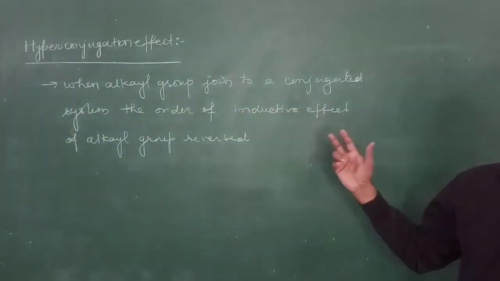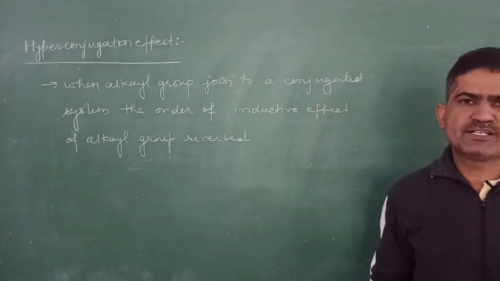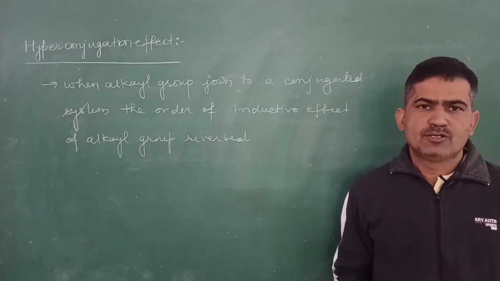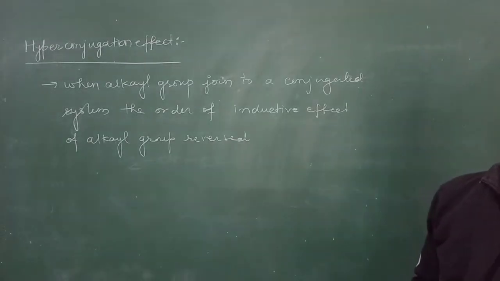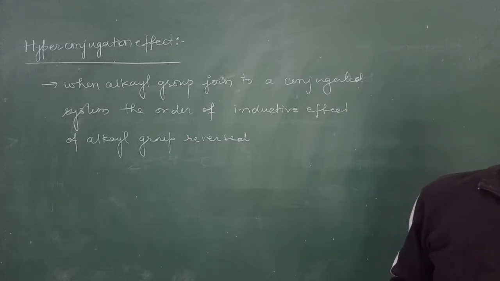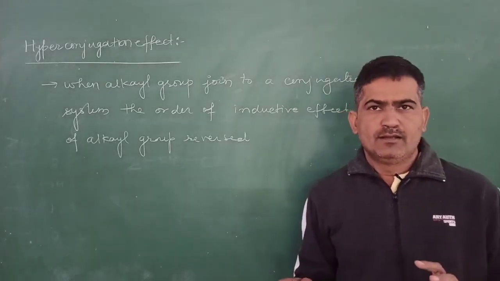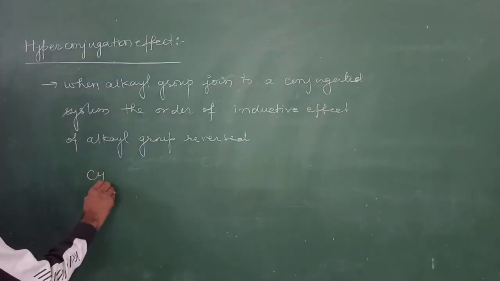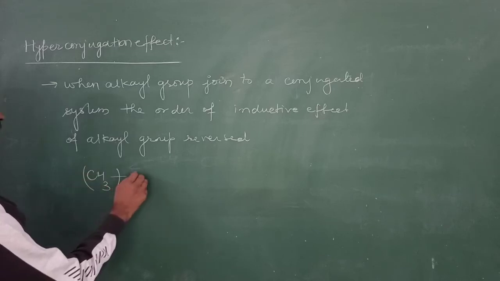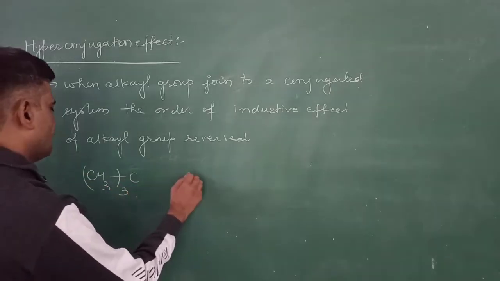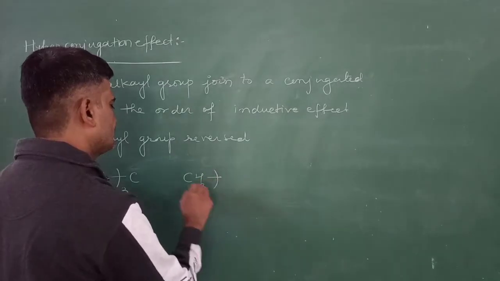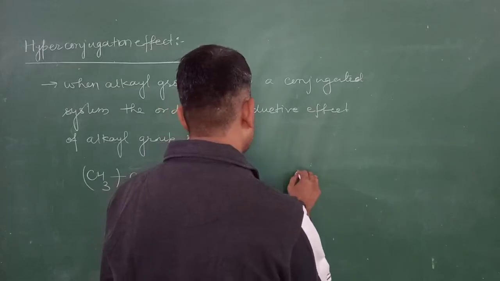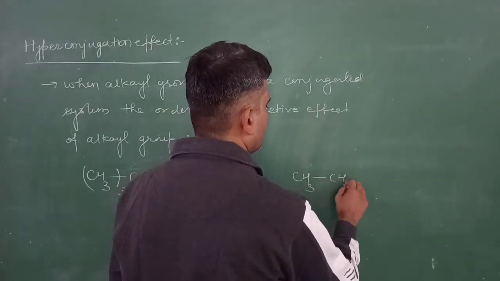And this hyperconjugation effect always takes place in a conjugated system to which an alkyl group is joined. Just like we take the example of the alkyl groups: tertiary alkyl group, secondary alkyl group, and primary alkyl group.